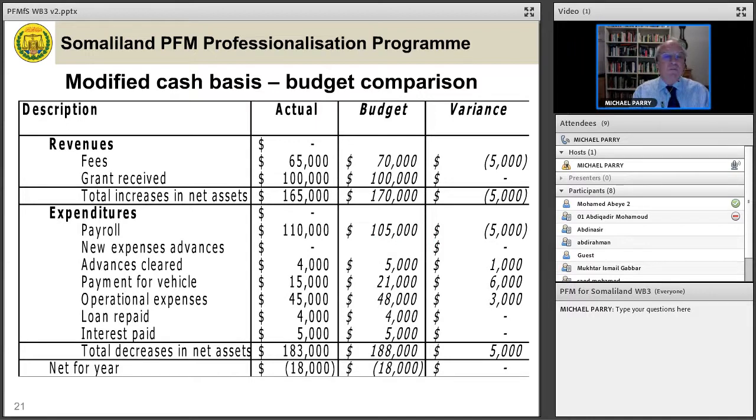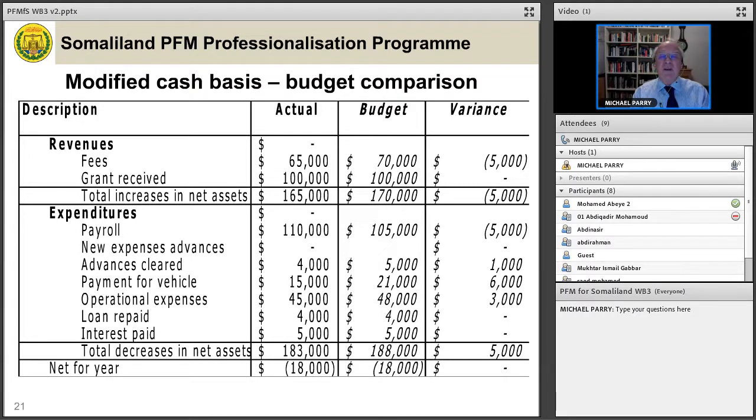And we've got a budget comparison here. The budget comparison shows the revenues, actual and budget, all the expenses. New expenses advance, ignore that line. So we've got the expenditures as budgeted and as actual, and the third column shows the variance.